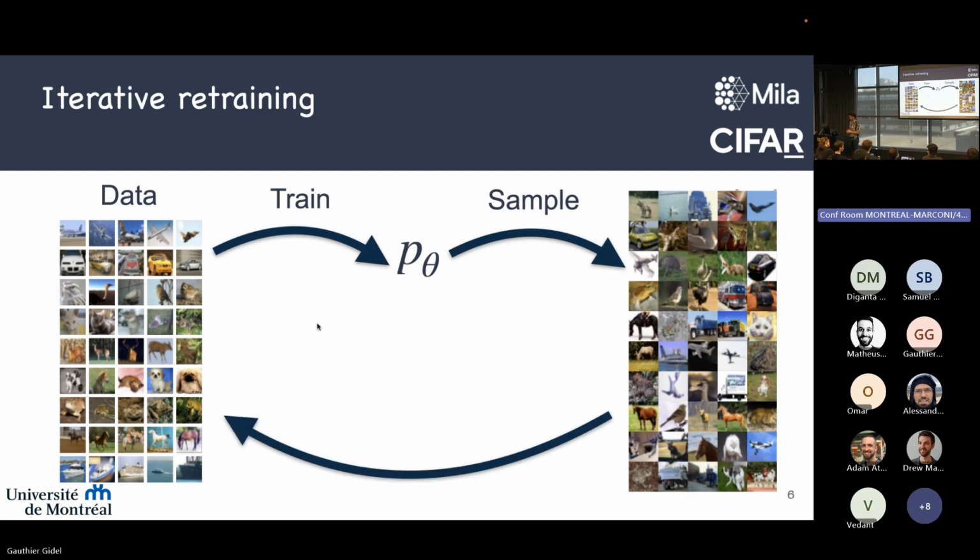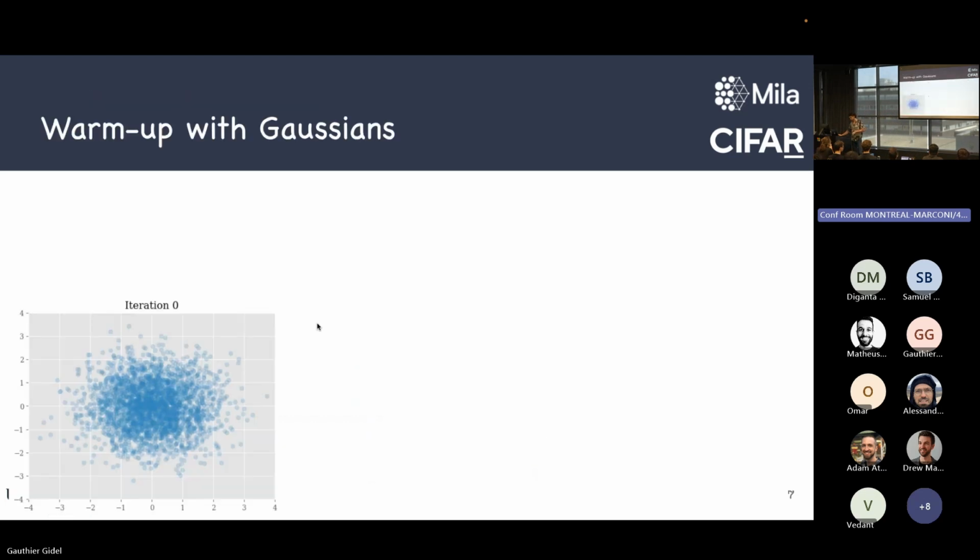And you will reuse this as your new data set, or at least a part of your new data set. And the question is, what if we repeat this? What will happen? Will we observe a collapse of the model? Or will we maybe get an improvement or at least convergence?